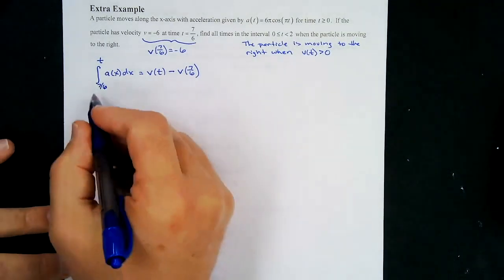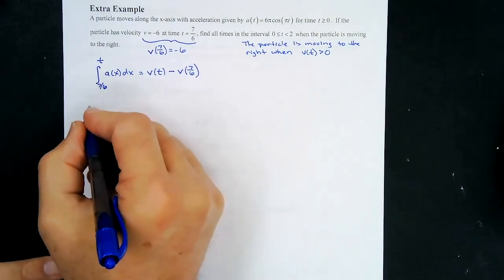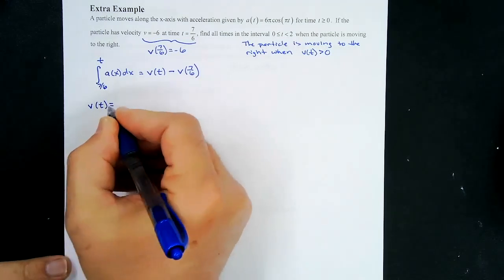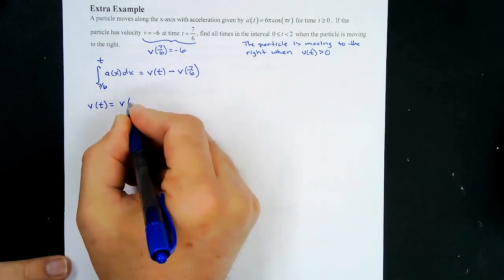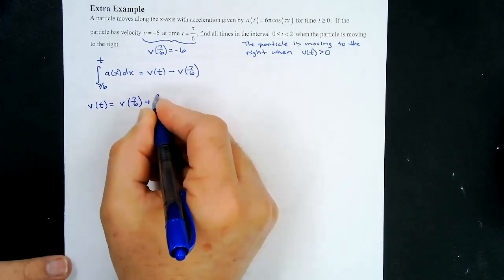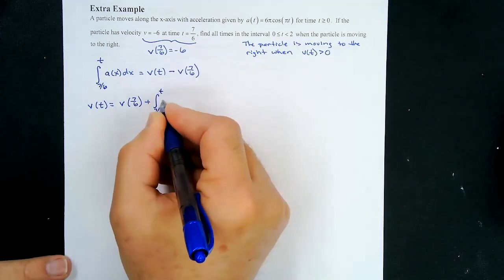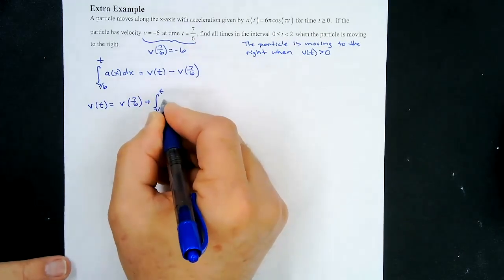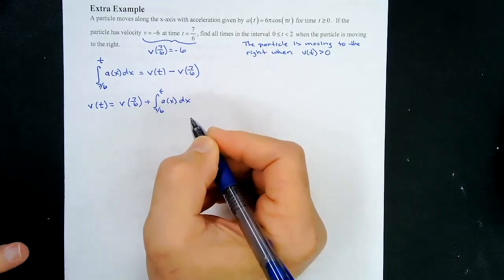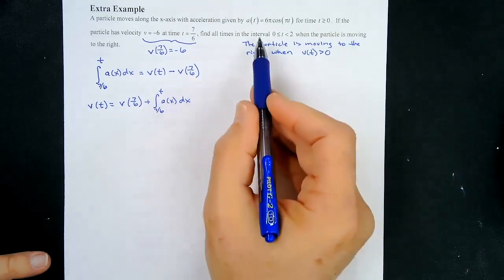So if we add v of 7/6 to both sides, we wind up with v of t is equal to v of 7/6 plus this integral from 7/6 to t of a of x, and then dx.